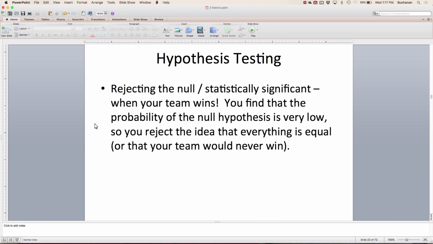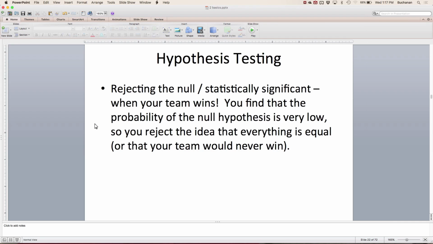Yeah. So we want to reject the null, or say that it's statistically significant, and that's when your team is going to win. And so with p-values, what happens is you want to find the probability of the null is very low. So all the probabilities we talked about is the likelihood of getting this result if the null were true, which is kind of a hot mess, but that's what it actually means. Okay?